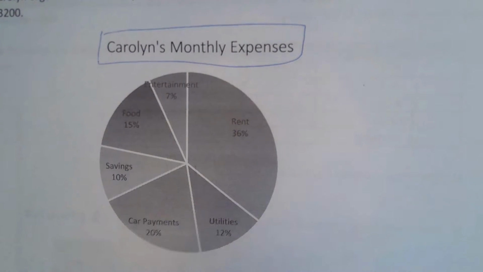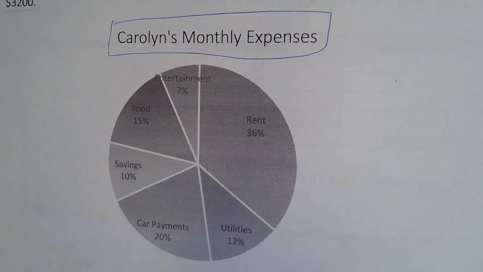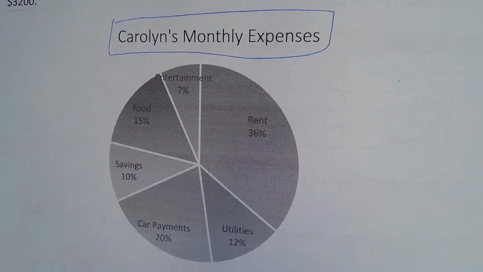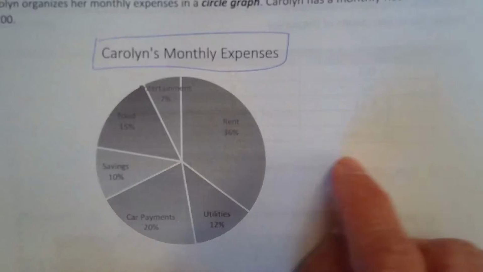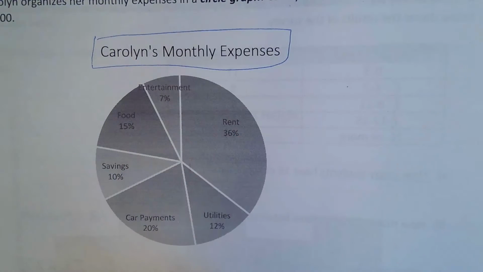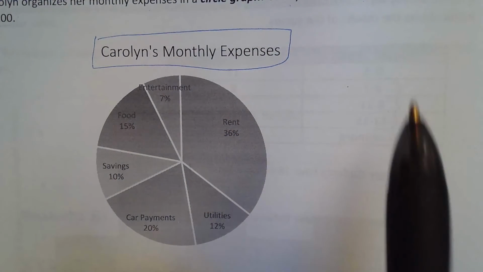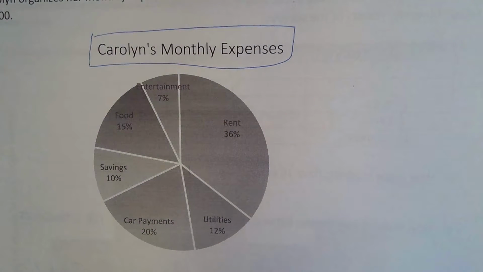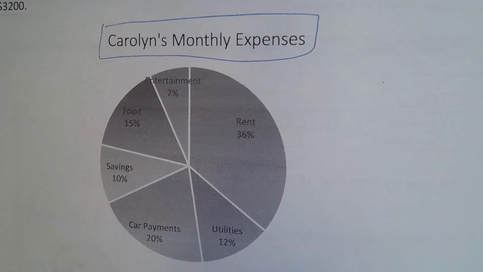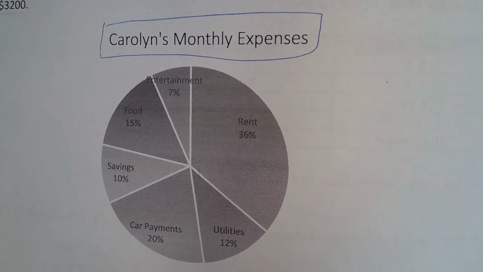Okay, so you said rent is the highest percentage. Now if the percent number there is not there, can you still see that the rent takes up a big chunk of her budget?